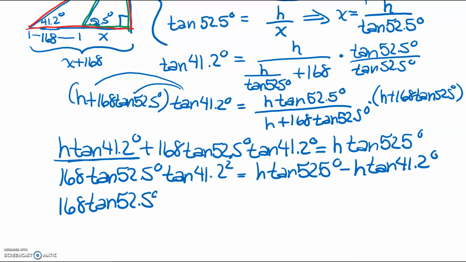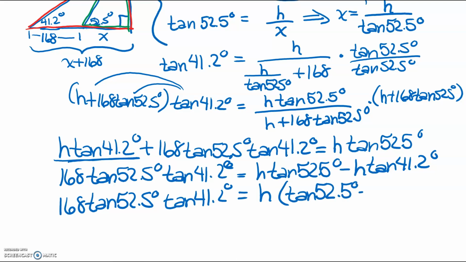And I know these are kind of a pain problems, but we're going to have one on our test, so make sure that you know how to do that. I need to factor that out, because if I don't factor it out, I can't solve for h.